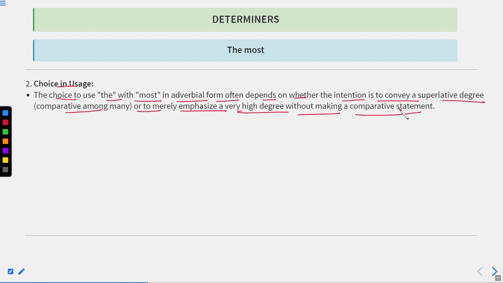For example, if we want to show something that is on the highest degree, we can use the most. And if we want to show that it is only very, very great, not at the highest point, but all the things can come along with it, so there we can use most without the.